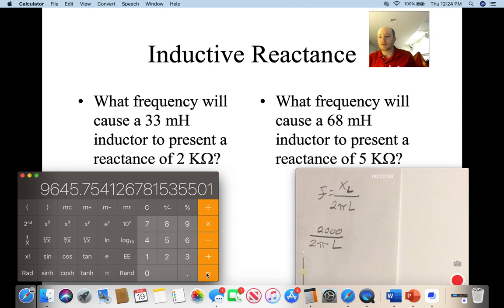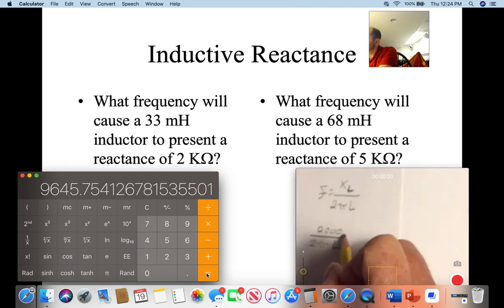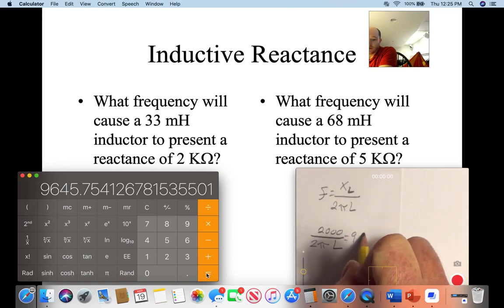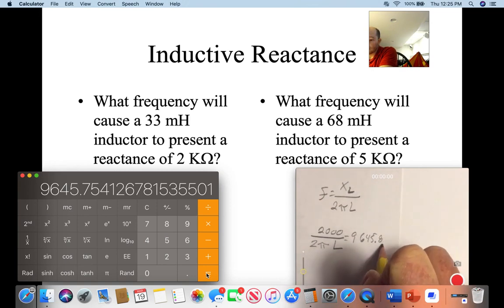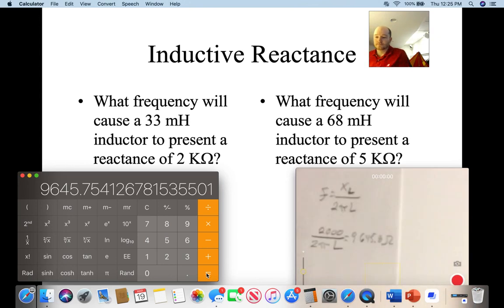All right, so I'm going to need about 9,645.8 hertz. Okay, that's pretty good, I think. I think that's right around where we would expect, and so I think we're good.